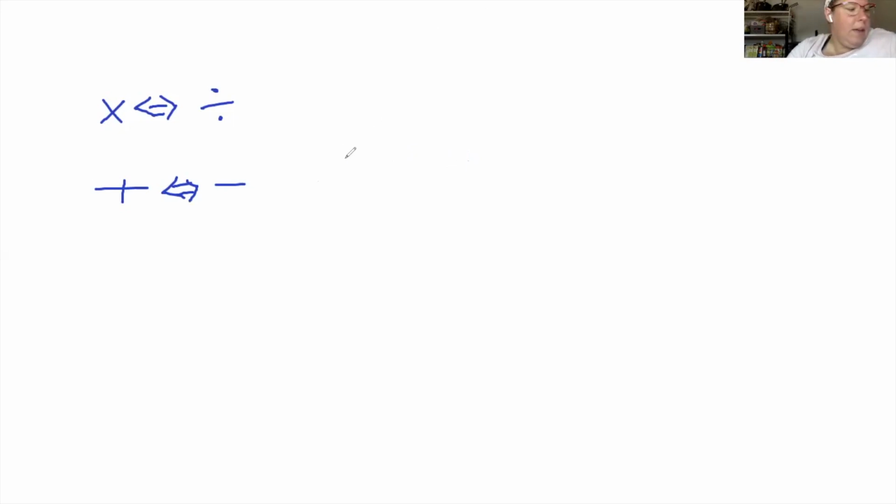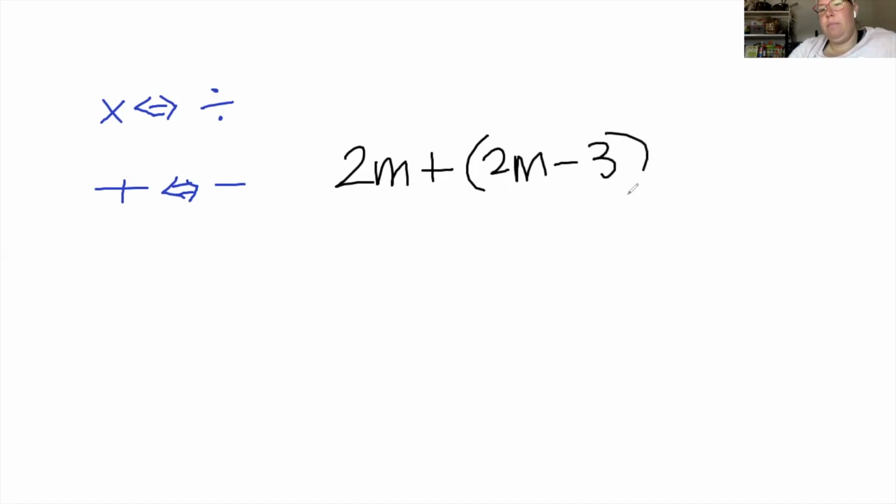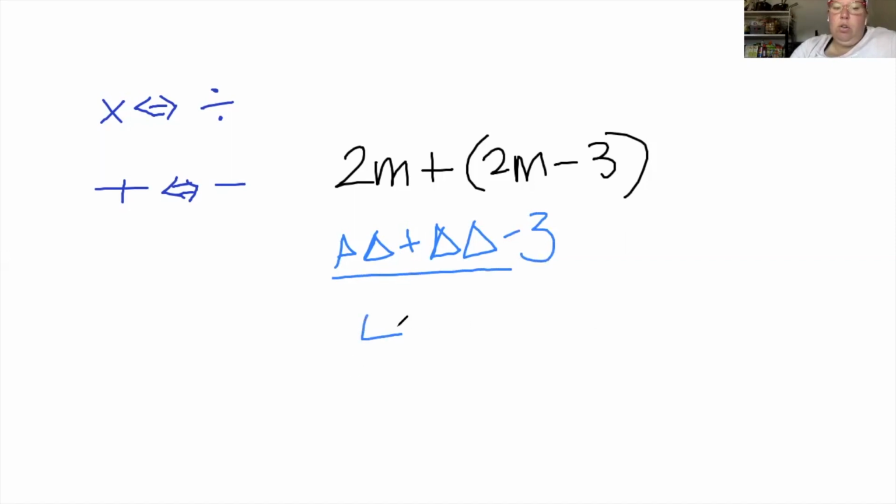Similarly, if I have 2m plus 2m minus 3, that means I have 2 pawns plus 2 more pawns minus 3. How many pawns total do I have?